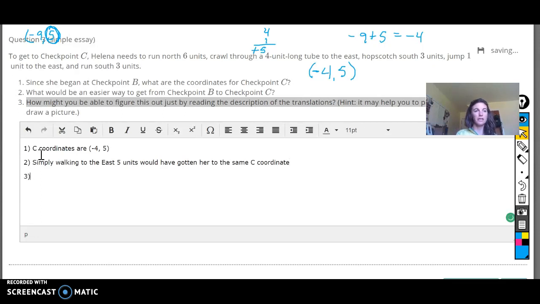And then the last one, how might you be able to figure this out? Just by reading the description of the translations. I think that what we did was figure it out using the description of the translations. We could have gone to graph paper and drawn it, but I'm going to go ahead and list what we did.